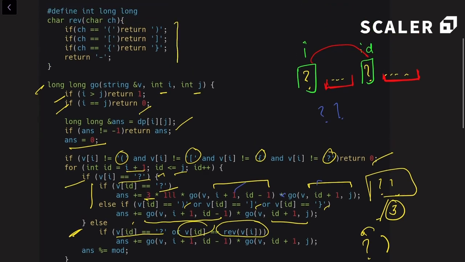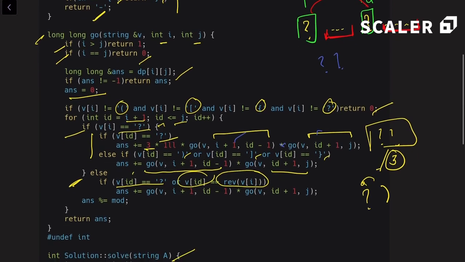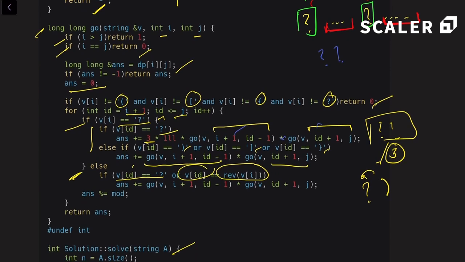So here's the reverse function that actually returns us the reverse of the current bracket. Okay, for this the reverse is this, for this the reverse is this, for this the reverse is this. Otherwise it will return an invalid sign. So that means if this is the case, then I am recurring from i plus 1 to id minus 1 and id plus 1 to j, and I am adding that up to the answer. After that, I am returning my answer.